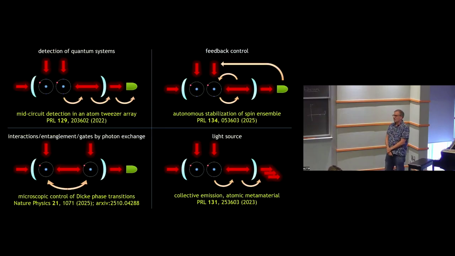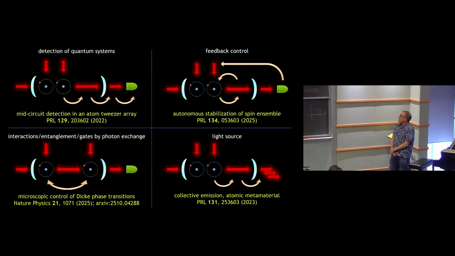One of them is to enhance your ability to detect your quantum system. With a high finesse cavity, you can efficiently extract the quantum information from some system into the form of light and then send it on to your detector. That's useful for us for cavity enhanced measurement related to mid-circuit measurements.